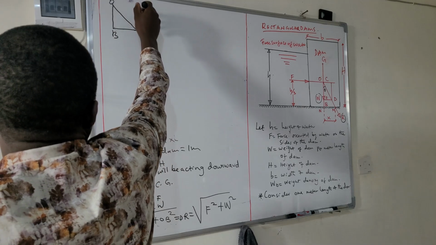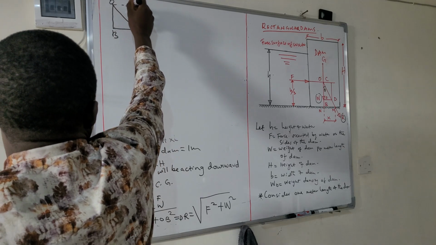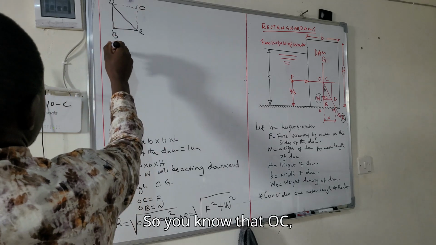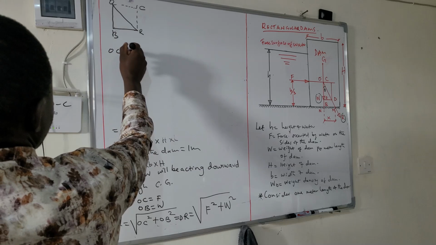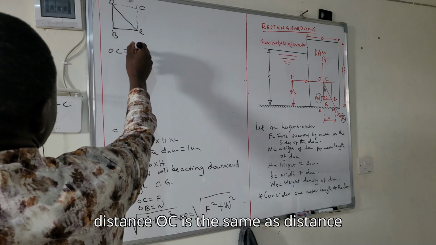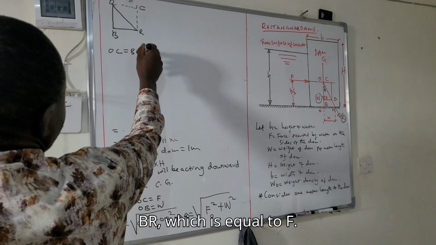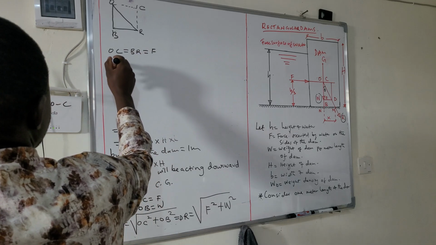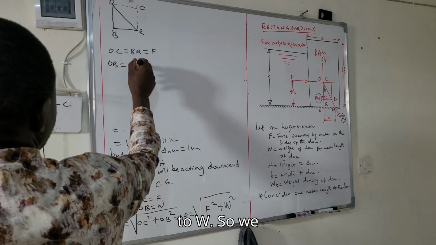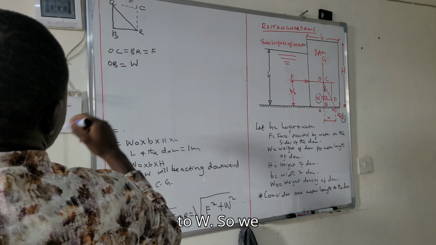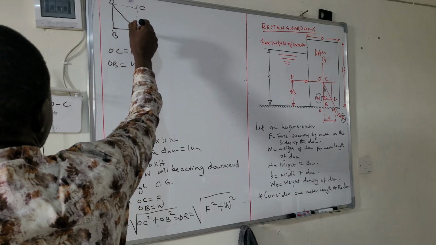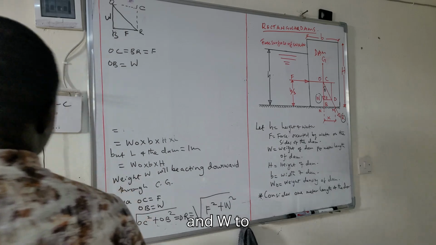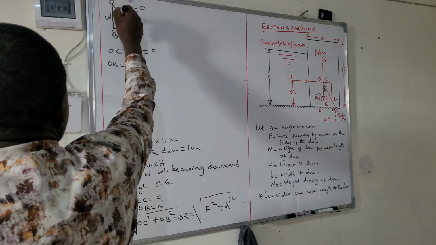And at this point, we have C. So you know that distance OC is the same as distance BR, which is equal to F. And OB is equal to W. So we are going to use this F and W to get this angle.